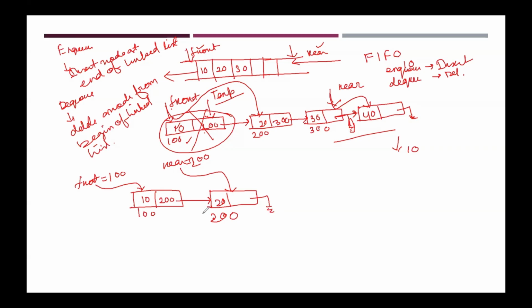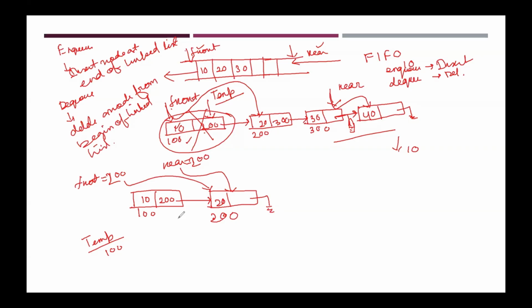Again, whenever we are going to delete, we have to make a temp pointer. For example, I created temp and store the value 100. Then we make front equal to front next. Front is 100, so right now we make the front value equal to front next of 100. Now front points to this one. Then we print the temp info, we print this value.